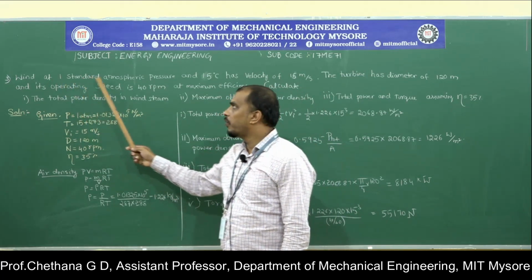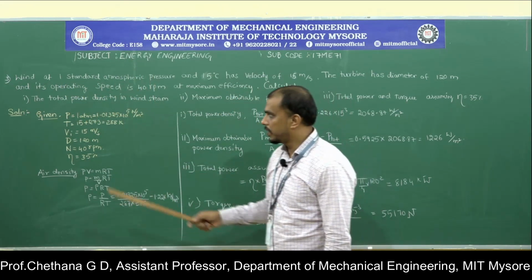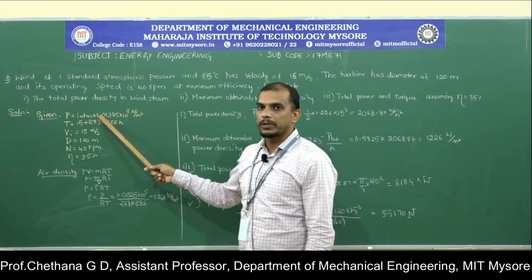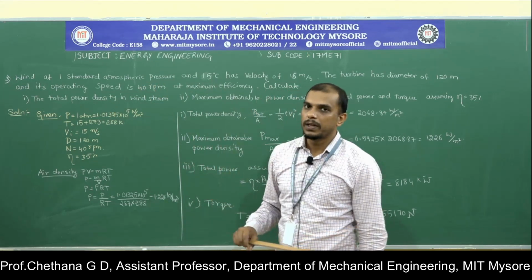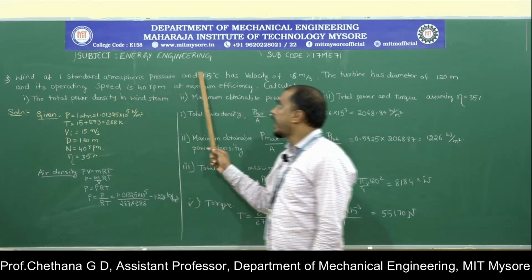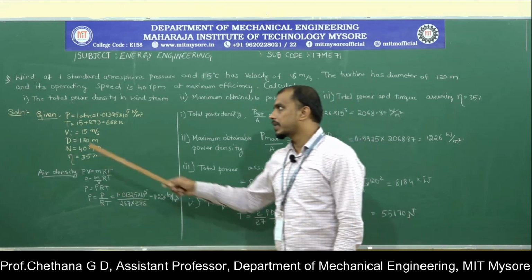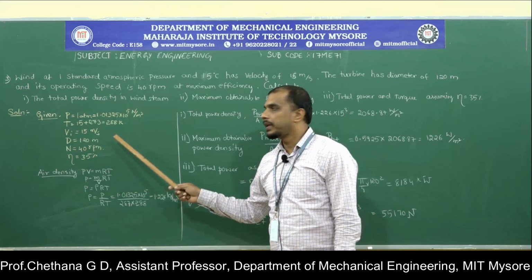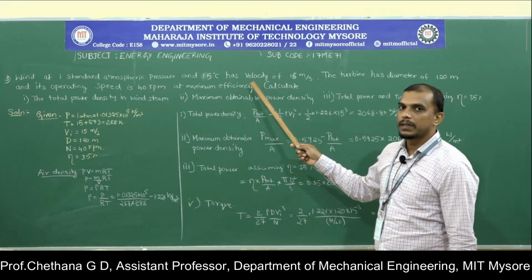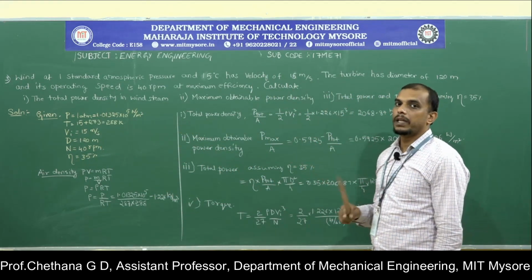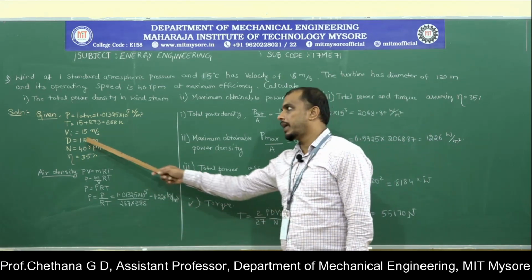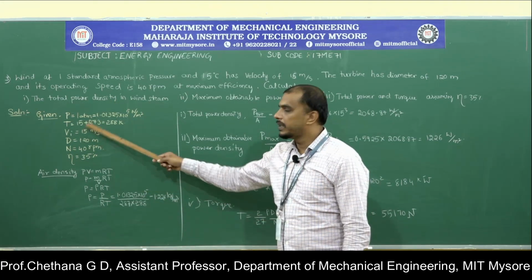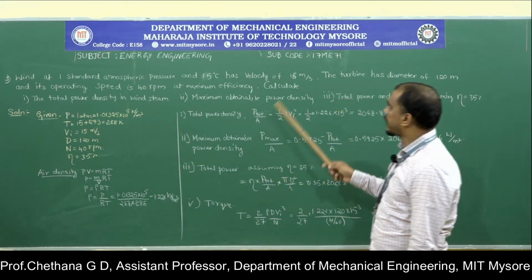Wind at 1 standard atmospheric pressure. So pressure is given, 1 atmospheric pressure, which is 1.01325 into 10 power 5 Newton per meter square, and 15 degree Celsius converted to Kelvin, 15 plus 273, 288 Kelvin, has velocity of 15 meter per second. So Vi, we denote the inlet velocity as V suffix I, Vi is 15 meter per second.